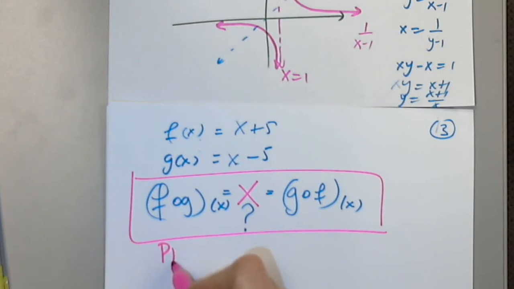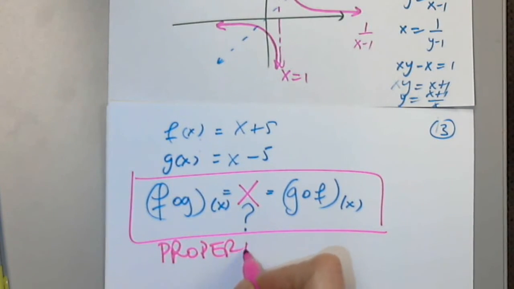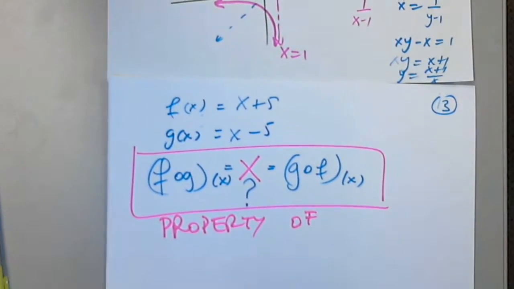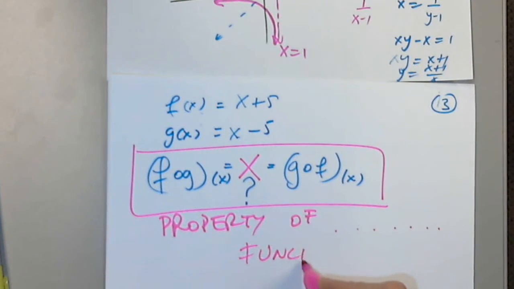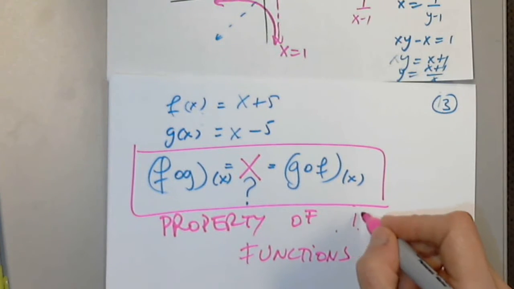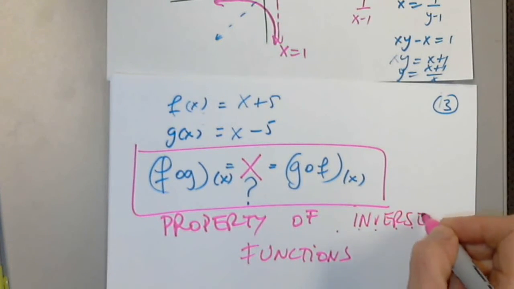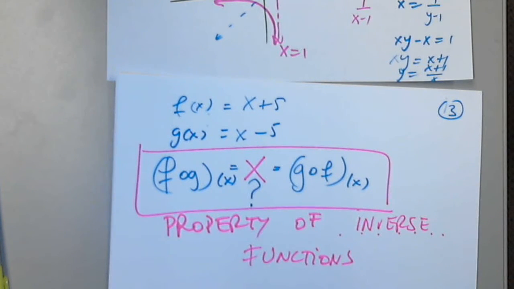This is what it's called, the property of, what do you think? Exactly. That's why I said they must be inverses of each other. Because nothing happened to your x, although we applied two functions. In one I was giving you 5, and the second function I applied by taking 5 away from what you had. So this is the property of inverse functions.